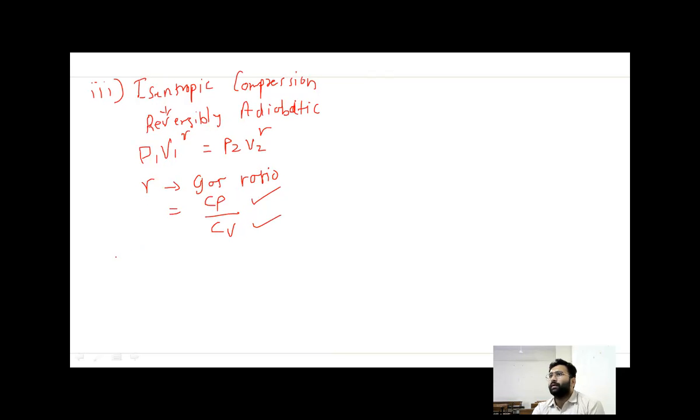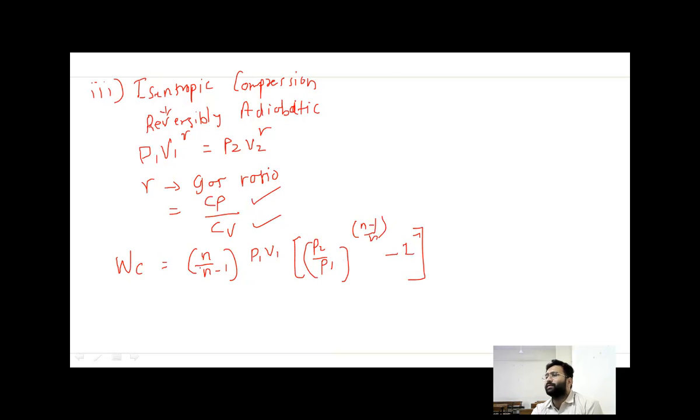So what is the relation? The compressor work we have calculated is n upon n minus 1, into P1 V1, into bracket P2 by P1 raised to (n minus 1) upon n, whole minus 1. This equation we have already derived. In this case, just replace n by gamma.